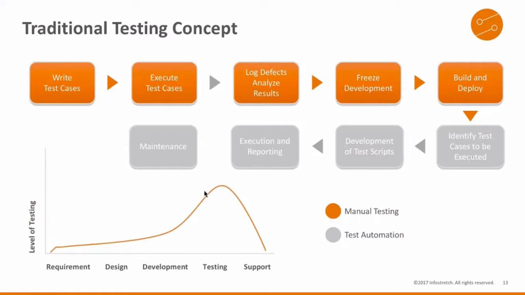After all of this manual testing process is done, they will freeze your development, and then it will be built and deployed. After this whole development cycle plus your testing cycle and your production cycle gets finished, this is the time when you will start automating. You will start to identify the test cases that you want to automate.